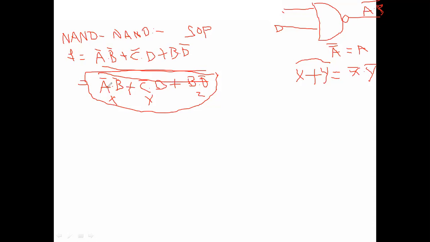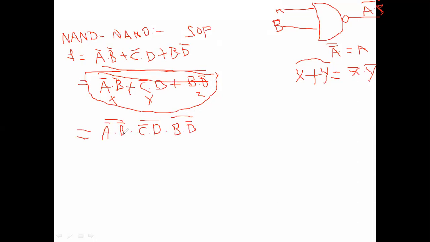Based on that, what is x here? x is A bar dot B bar, so x bar is A bar dot B bar whole bar. y is C bar dot D, so y bar is C bar dot D whole bar. z is B dot D bar, so z bar is B dot D bar whole bar.